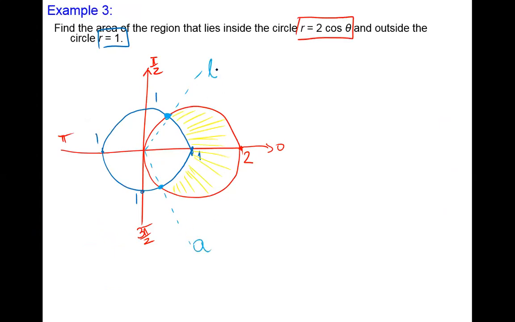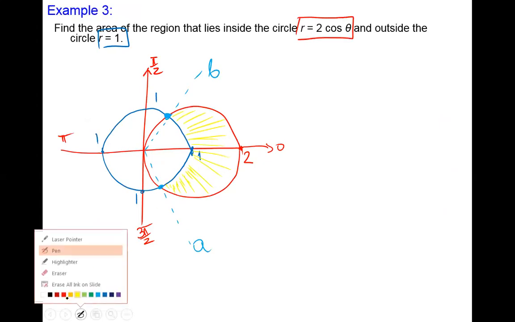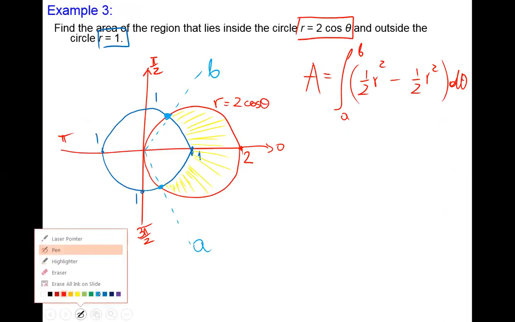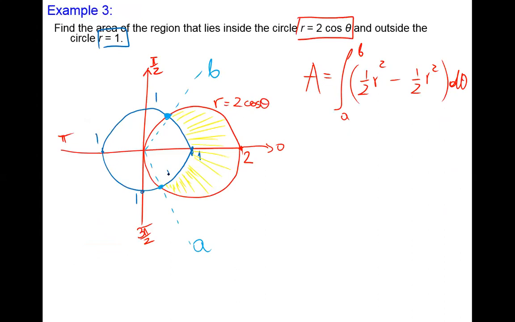Let's say A and B, because the yellow region is bounded by these two. That's what we know. Integral from A to B, 1/2 r squared, minus, of course, this one is 2 cosine theta, this one is just 1.